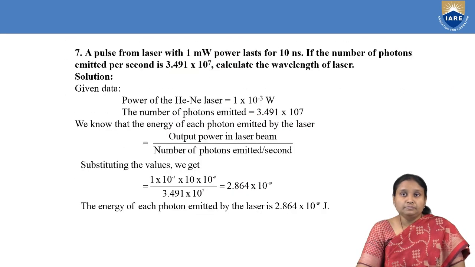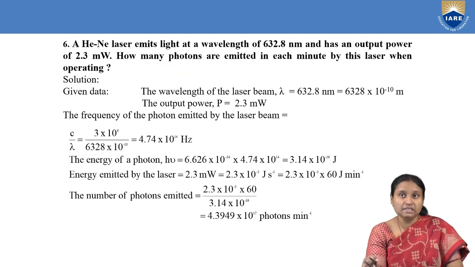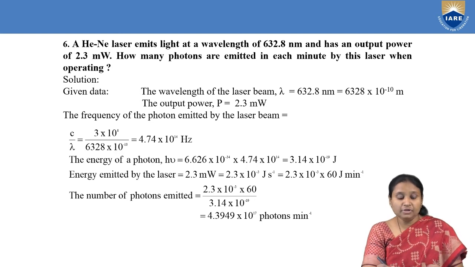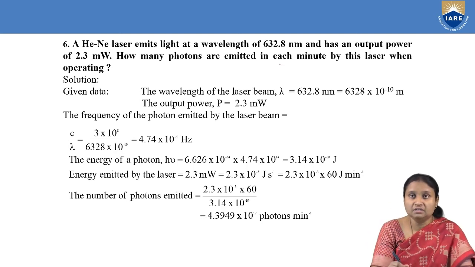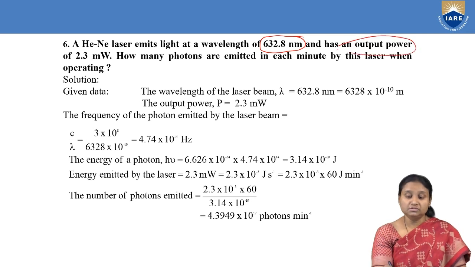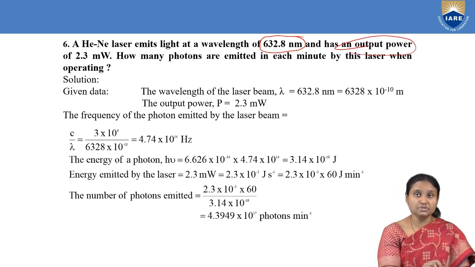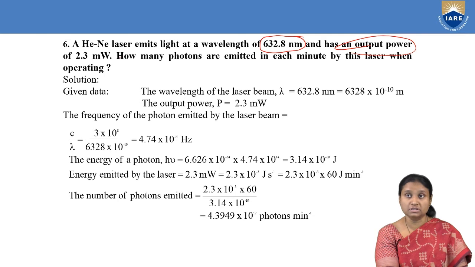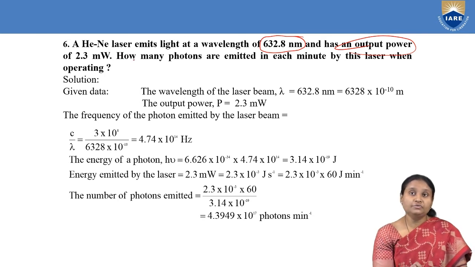Then the next problem. Here we were given a helium neon laser that emits light whose wavelength is 632.8 nanometers. We were also given the output power of the laser, which is 2.3 milliwatts, and we were asked to find how many photons are emitted in each minute by this laser when it is operating.